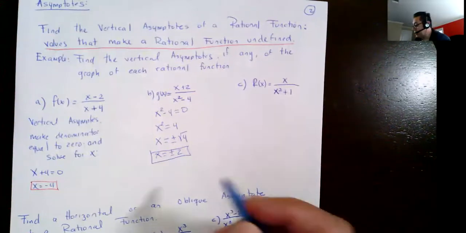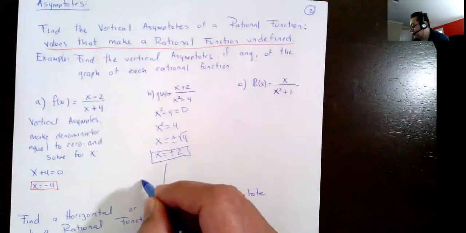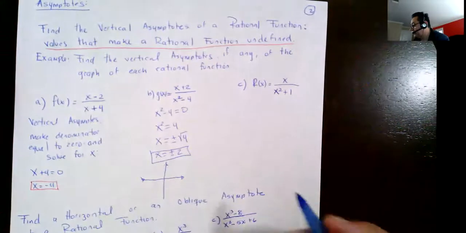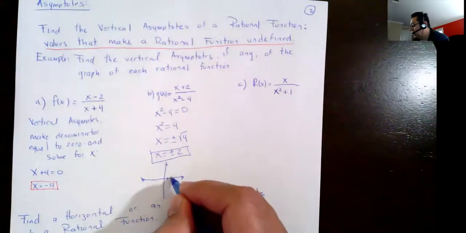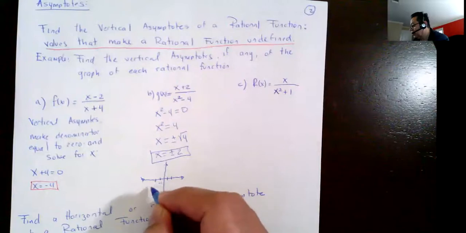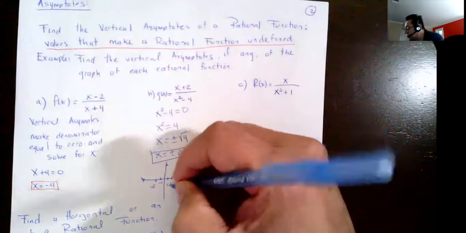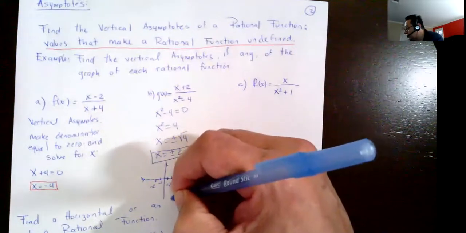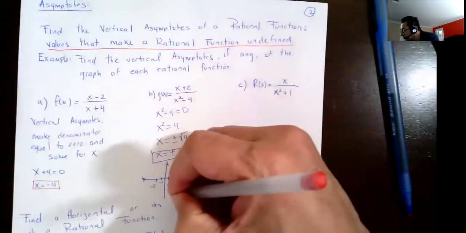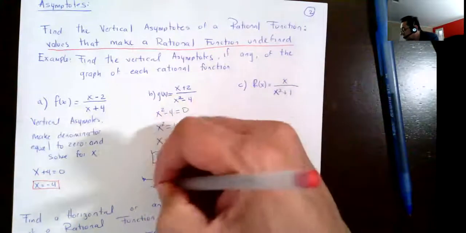Well, let me do it right here. We're gonna do it in the next section, but let's do it now. Locate positive 2 and negative 2, negative 1, 1, and 2. And you're gonna draw 2 vertical lines at 2 and at negative 2.